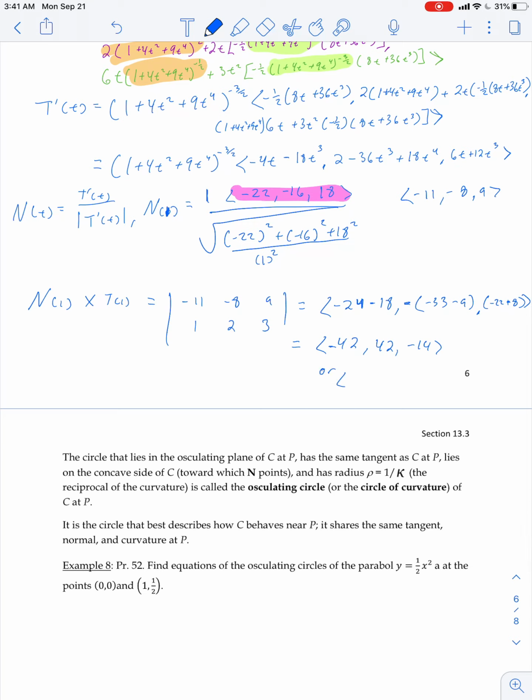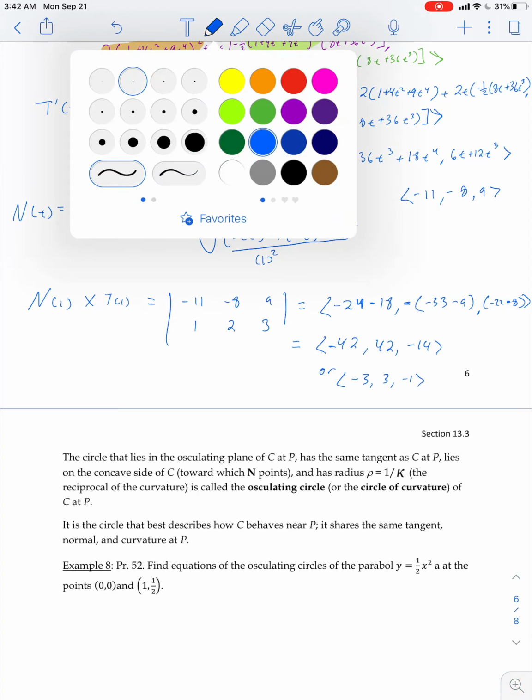Alright, now what I can do is I can also simplify this, because I noticed 14 goes into all those, and I can pull out a negative 14 if I wanted to, but I'm going to go ahead and just pull out a 14, and I get negative 3, positive 3, and negative 1. So there, that is a vector that is pointing in the same direction as my binormal vector.